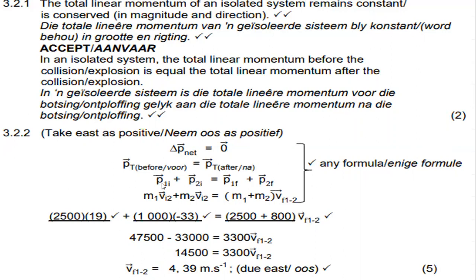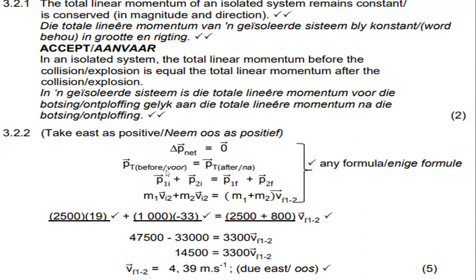And our object 1 here is the truck, and our object 2 is the car, is equal to, after the collision, the momentum of the truck plus the momentum of the car. But this will be final. So the F there is for the final, the I there is for the initial.